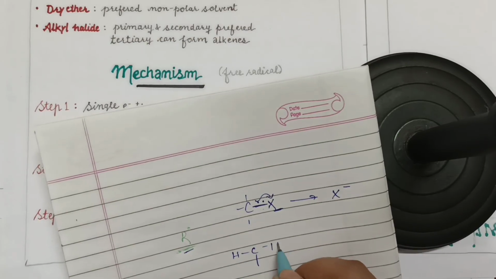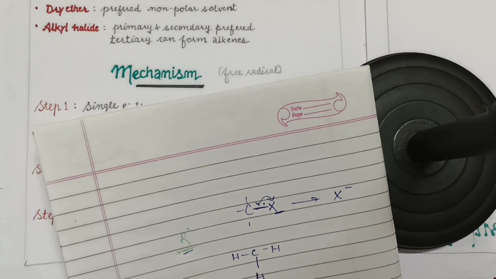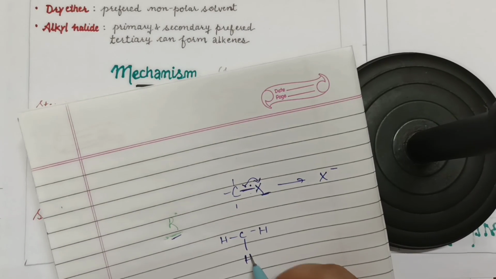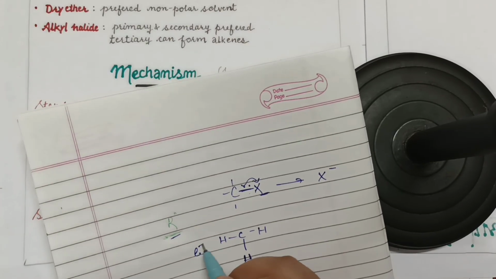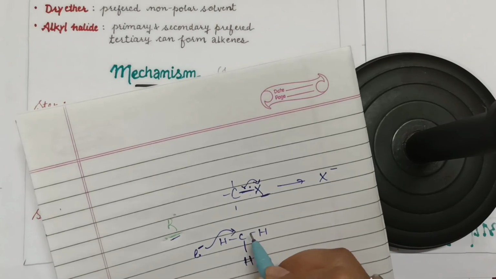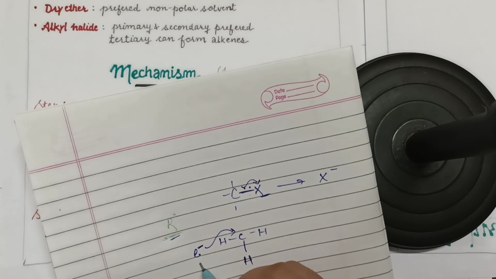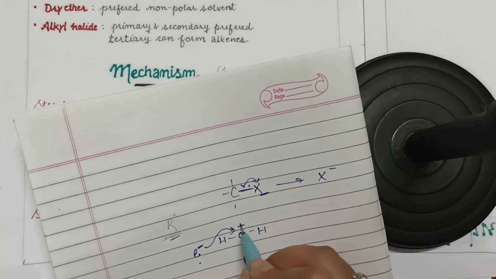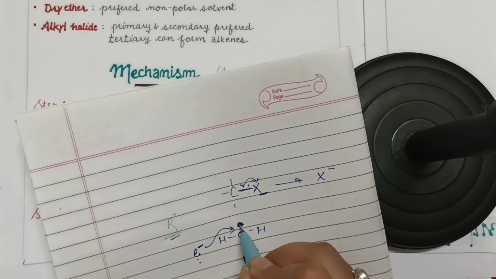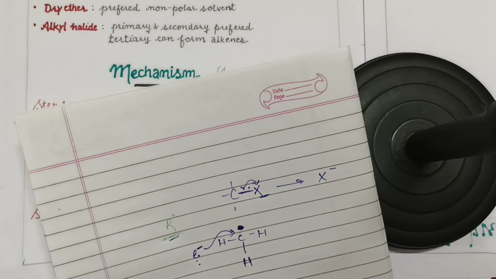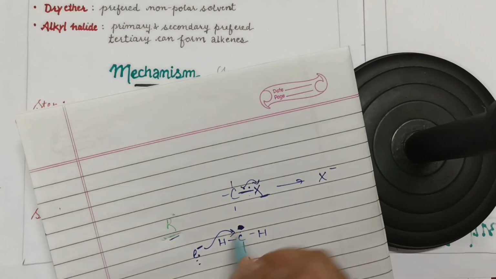It is having this alkyl group, and the positive charge was here, so this electron is going to come here and give its electron to this positive charge. Now this will become a radical.